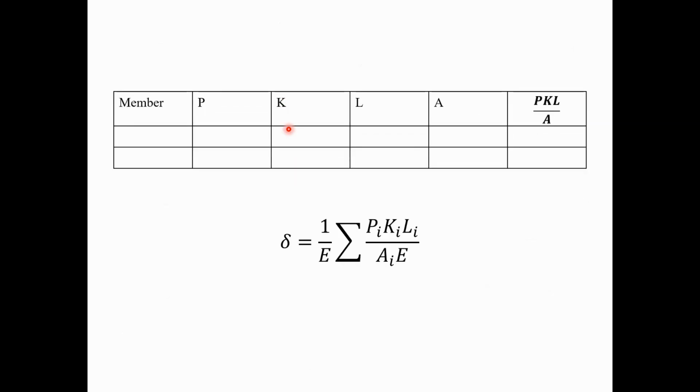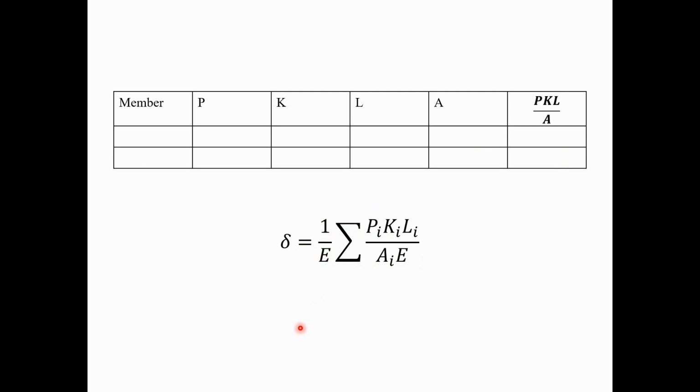So we can tabulate the quantities like this. First column refers to member, second is for P forces, third one is K forces, fourth one is length of the member, fifth one is the area of the member, and the last one is the summation term, simply PKL upon A. And then we can take a summation of this column, and we get the summation of Pi, Ki, Li divided by Ai into E. That term we get from the last column, divided by E, and you will get the displacement at the respective joint.